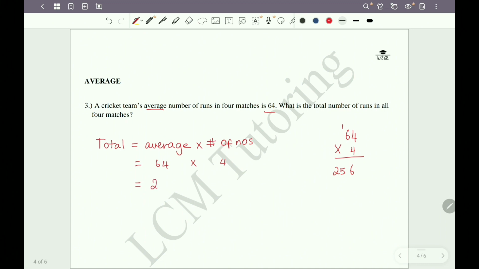So we end up with 256 runs in total. And that's your answer. So our answer: 256 runs. And you have to answer the way the question asks, right? So the number of runs, we answer in runs. Okay, let's move on.